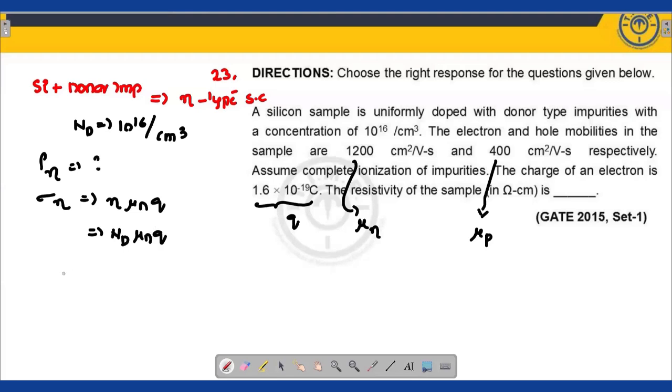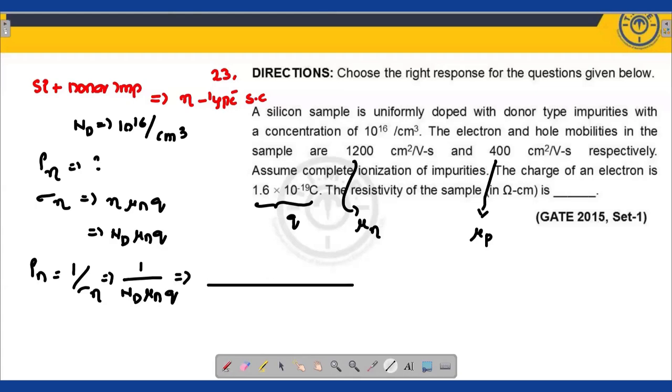Very, very important: the resistivity is asked. Resistivity is equal to the reciprocal of conductivity, which is equal to 1 by ND mu n into q. The ND value given here is 10 power 16, into mu n, which is 1200, and q.